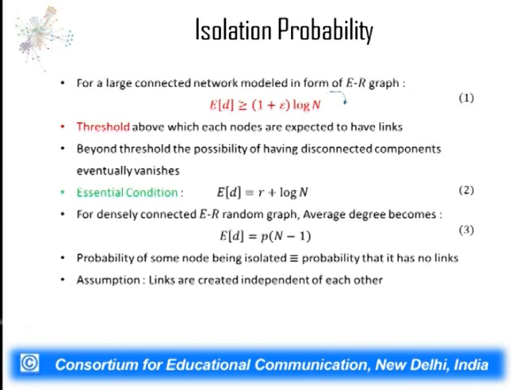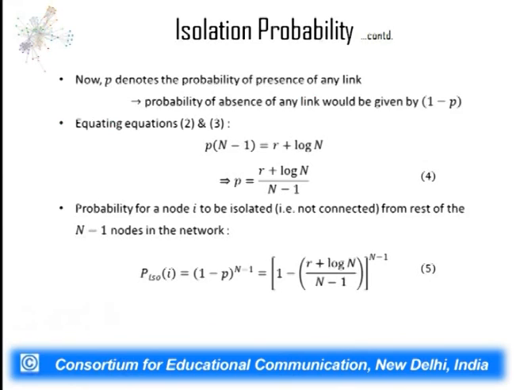Now, if we relate these two formulas with the assumption that link formations are entirely random and independent of each other, what happens? The probability of absence of any link would be 1 minus p, because remember that the success for link formation is p. So, the failure will be 1 minus p.